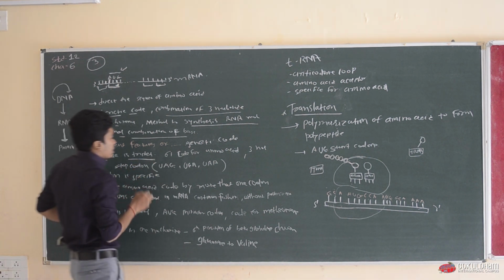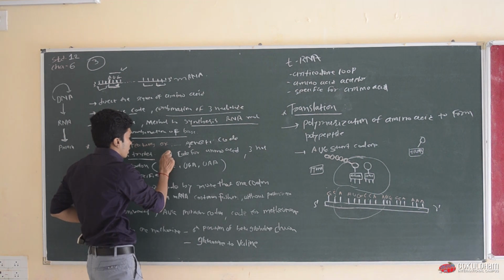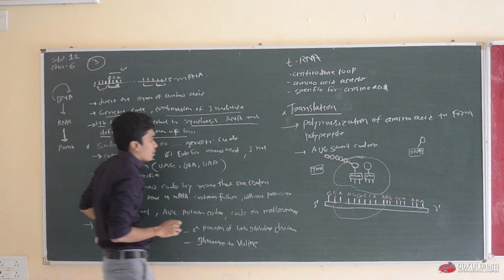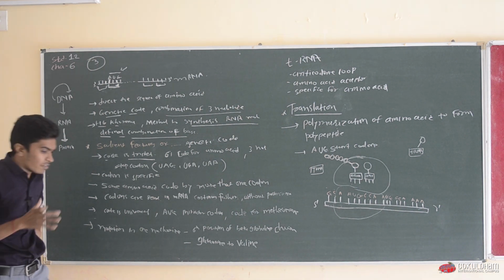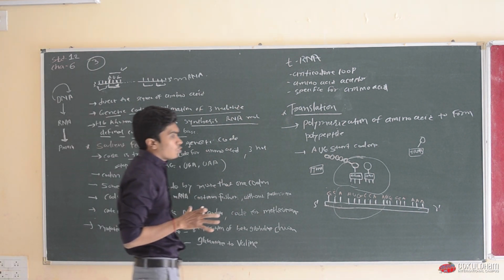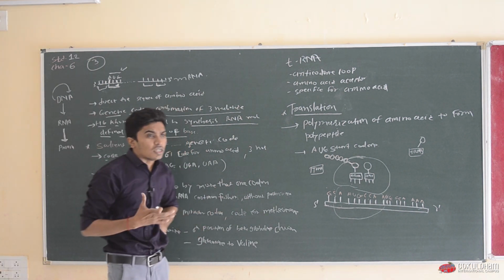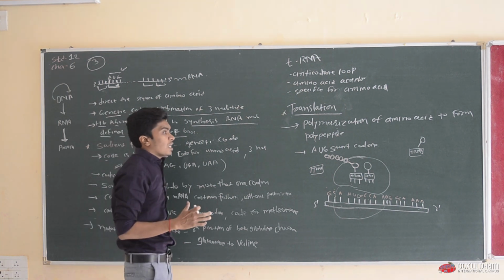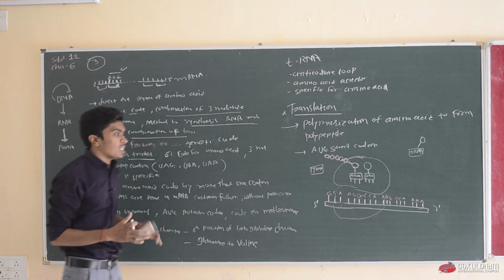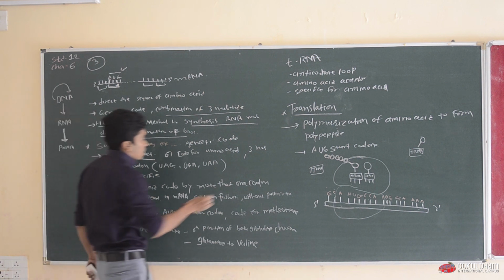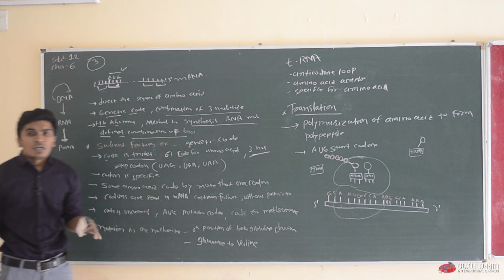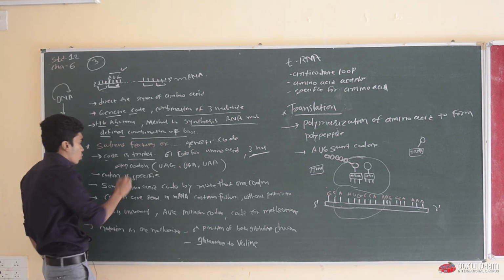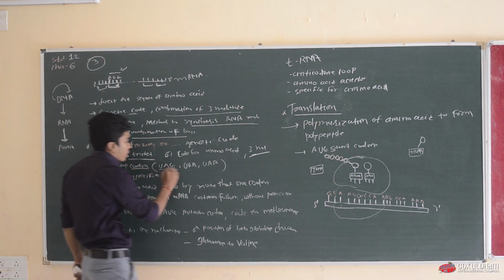And there are 61 codons, which code for the 20 different types of amino acids present in our body. The 61 codons each code for a particular amino acid in our body, and 3 codons do not code for any kind of amino acid, and these codons are known as stop codons.